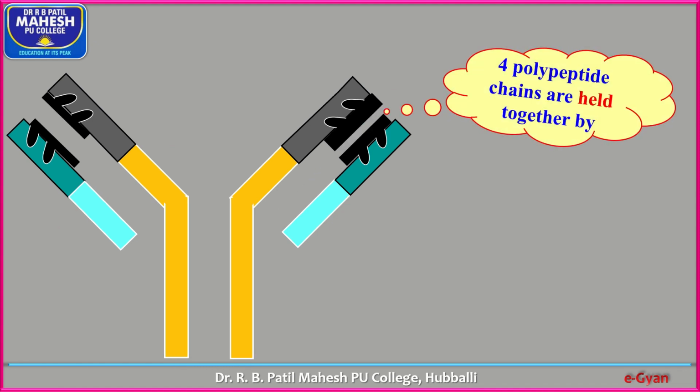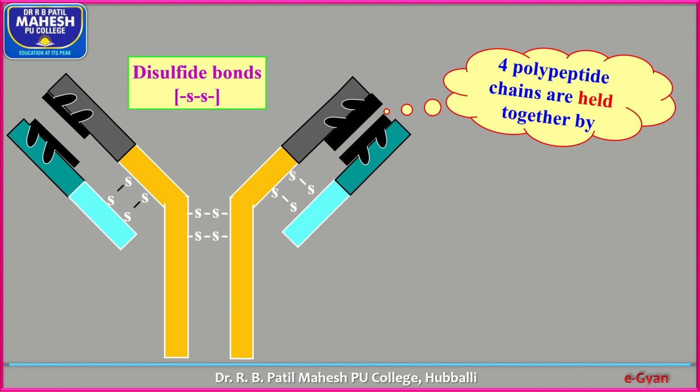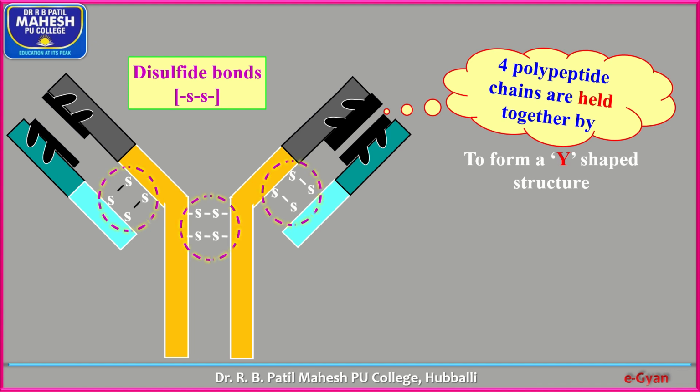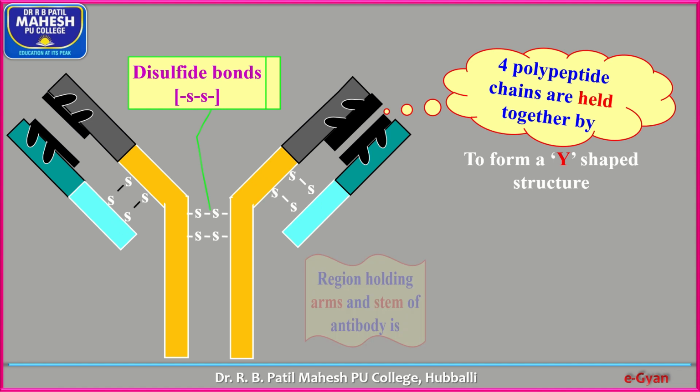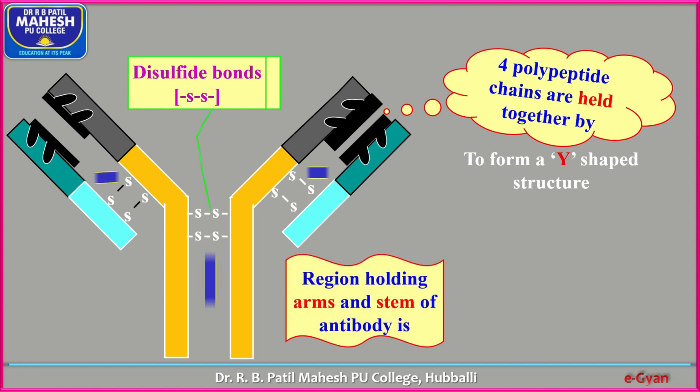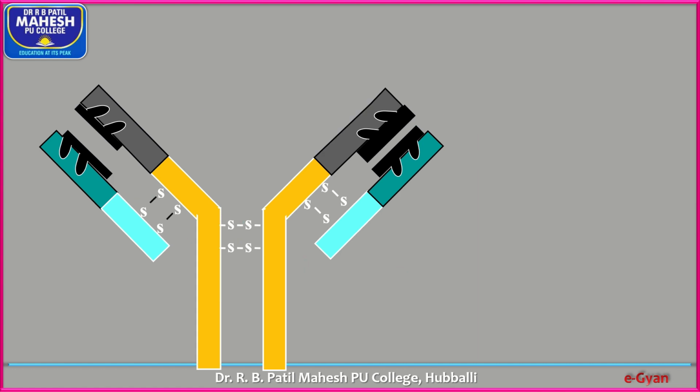All the four polypeptide chains are held together with the help of disulfide bonds to form a Y-shaped structure, and that we call the antibody. The region holding the arms and stem of the antibody we call the hinge region.